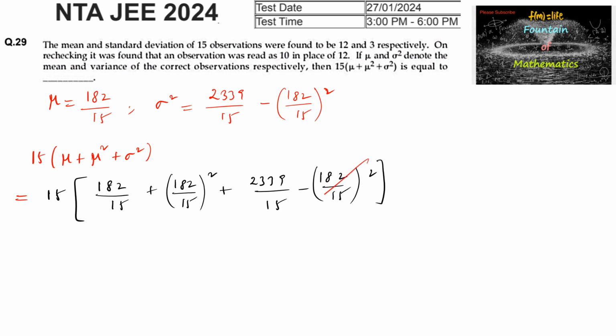So we may cancel 182 by 15 whole square here. So 15 times 182 plus 2339, which is 2521, divided by 15, which is equal to 2521. So the required value, 2521, is the answer.